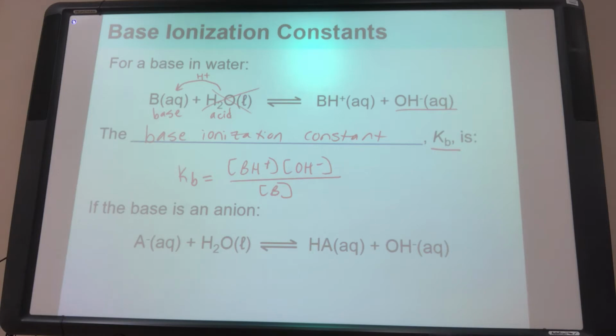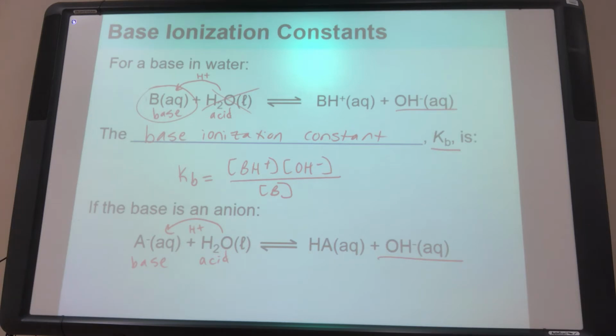Now, here my base was neutral, but my base may be an anion. So it's going to look a little different. My water, which is my acid, is going to give up the H+ to my base, so I still get OH-, because that's our Arrhenius definition, it gives up the OH- whenever it dissociates. And then I get HA, which we're used to thinking of as my acid, so just don't get confused by that.